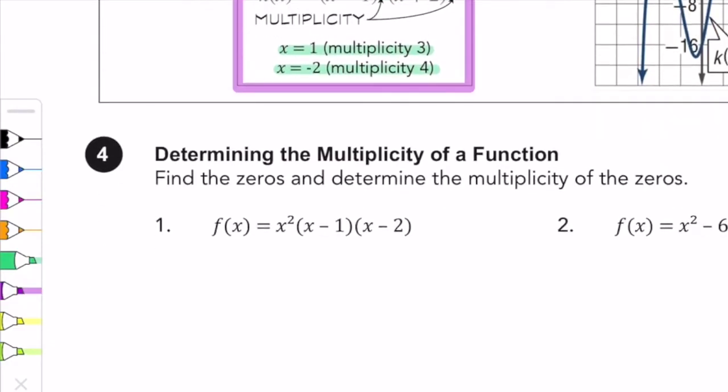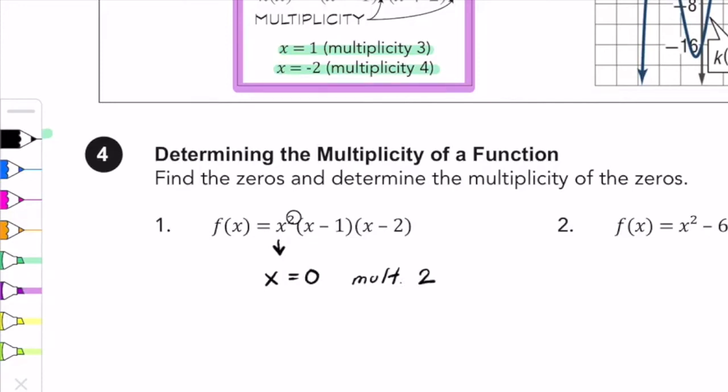All right, example set 4. Find the zeros and determine the multiplicity of each zero. Number 1 is already in factored form, so all I have to do is set each factor equal to 0. X squared is x equals 0. This factor happens 2 times, so it has a multiplicity, I'm going to abbreviate this as MULT, of 2.